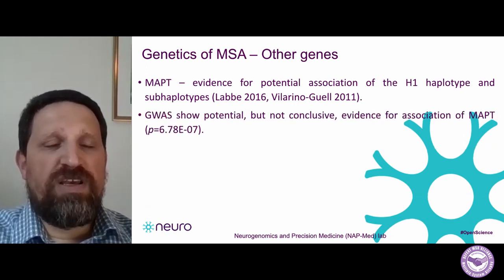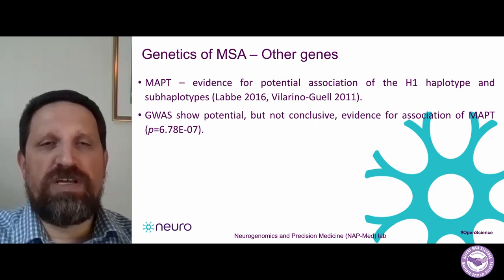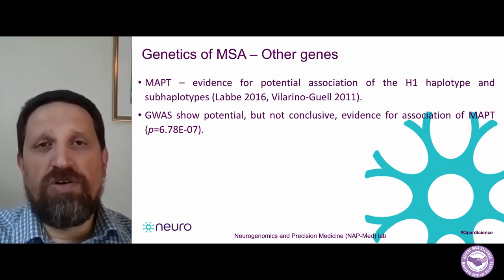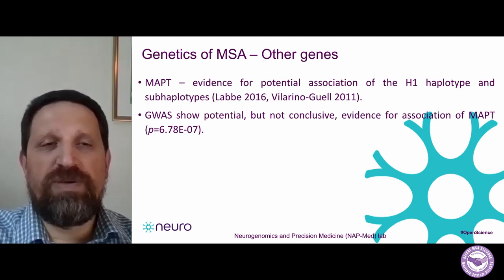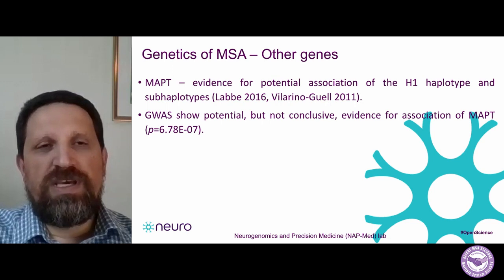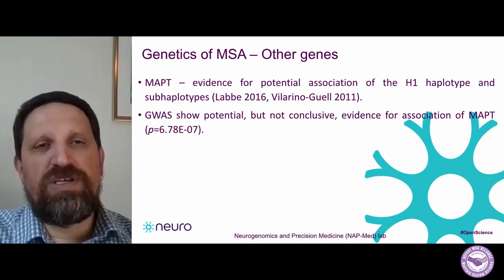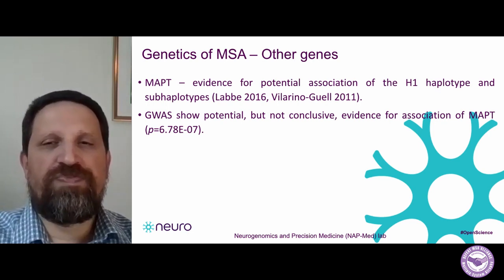And interestingly, the Genome-Wide Association Study did show some evidence, but not conclusive, that this gene also might be associated with MSA. So in this case, there's a bit more evidence, but it's still not enough to say that MAPT is a gene that is important in MSA.